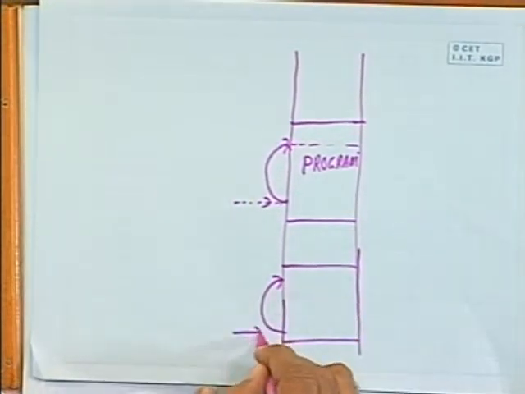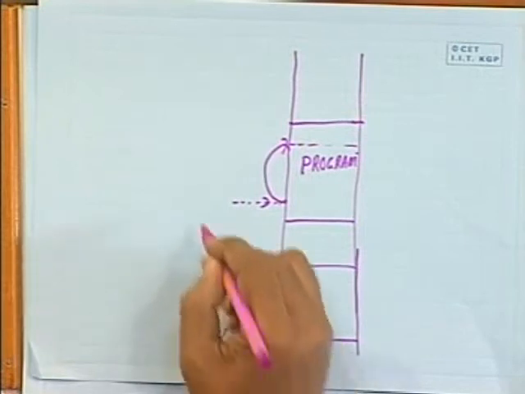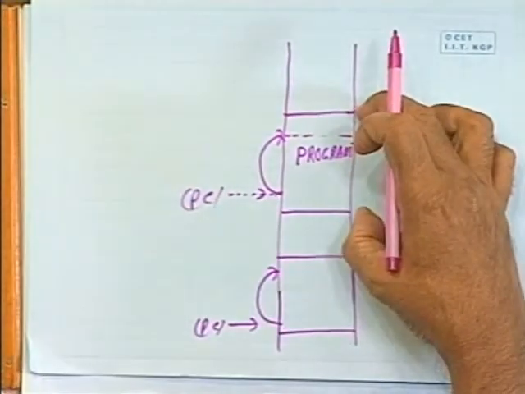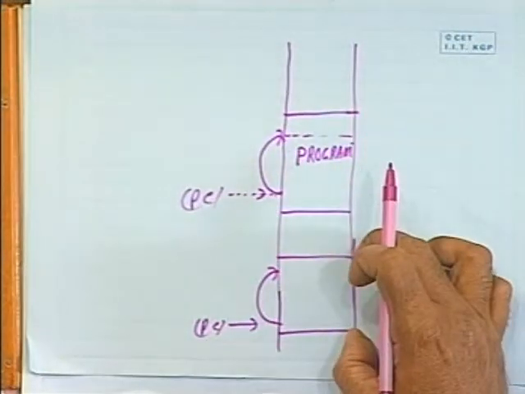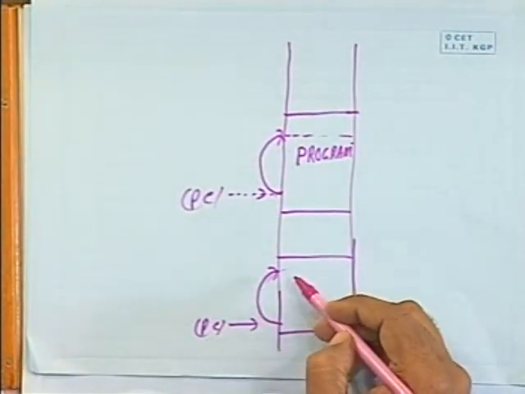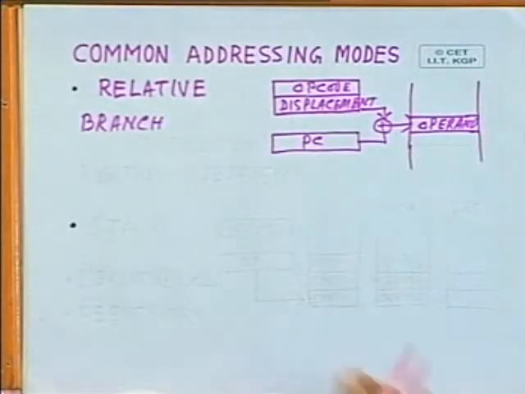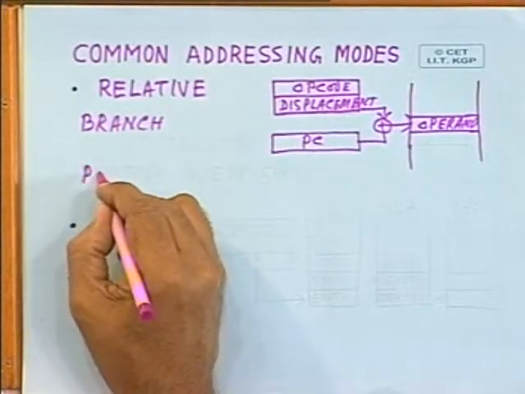Now, since it is with respect to the program counter, even if your program is shifted from here to here, it will execute correctly, and that is how position independence can be implemented. You can write position independent programs by using these PC relative instructions. So, this relative mode of addressing facilitates position independence.